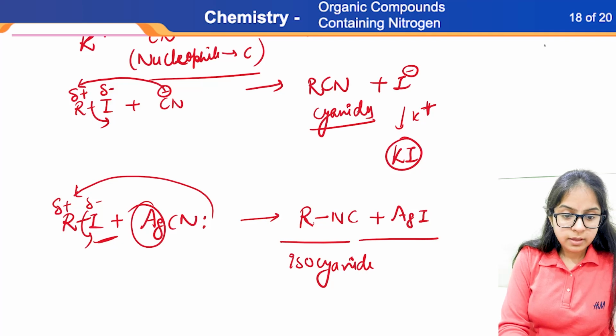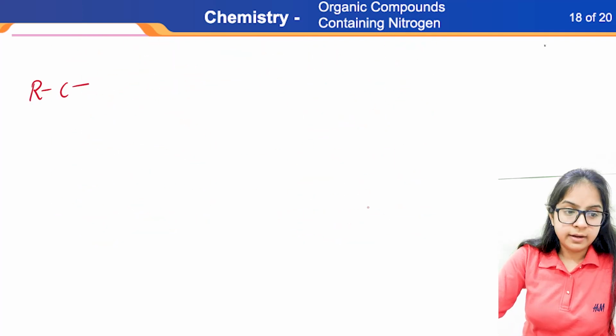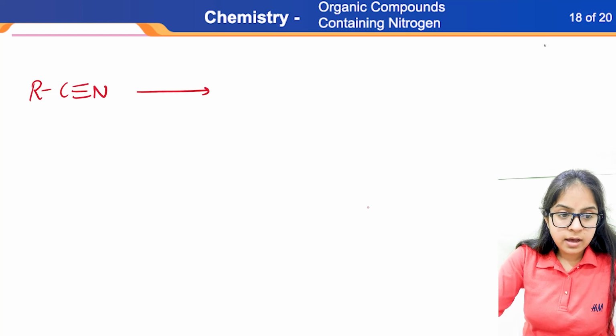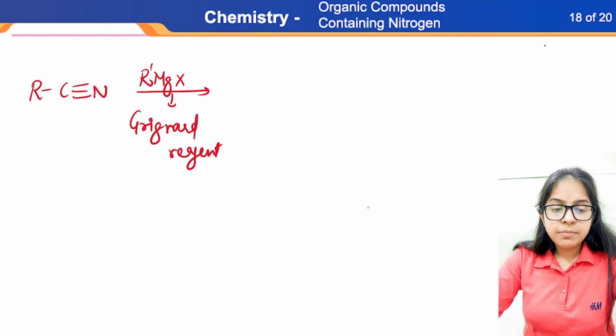Okay, I have R C triple bond N, and R dash MgX, which is our Grignard reagent. Remember that carbon is more electronegative than magnesium.